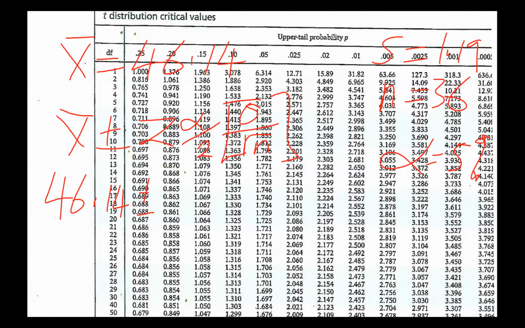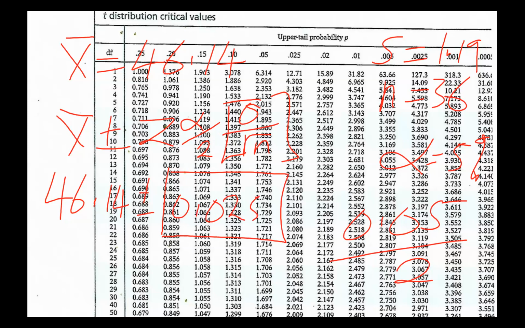Let me just remind you how we find this. Our alpha is 5%, which is the same as 0.05. Then we divide that by 2, and what do you get? 0.025.